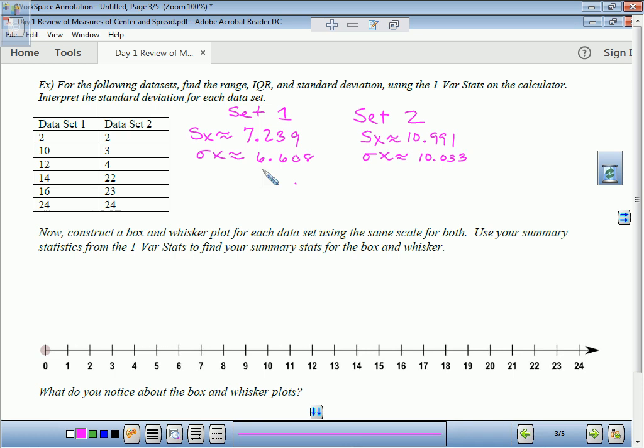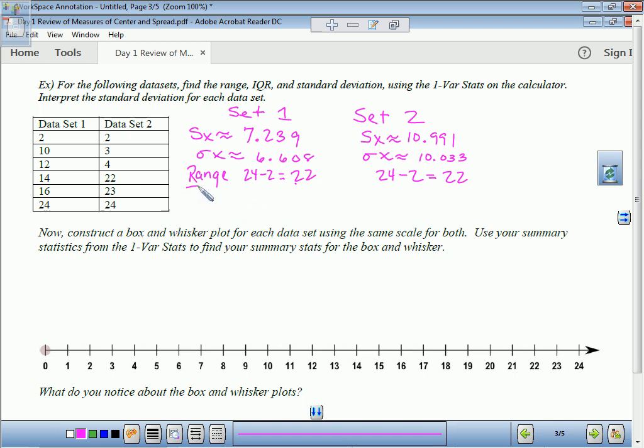Now, when I look at the range, greatest minus least, 24 minus 2 is 22. The range also describes the spread of the data. But if I just looked at the range, I'd think the data sets were pretty similar. But when you look at the individual pieces of data, the standard deviation shows that they aren't as similar.